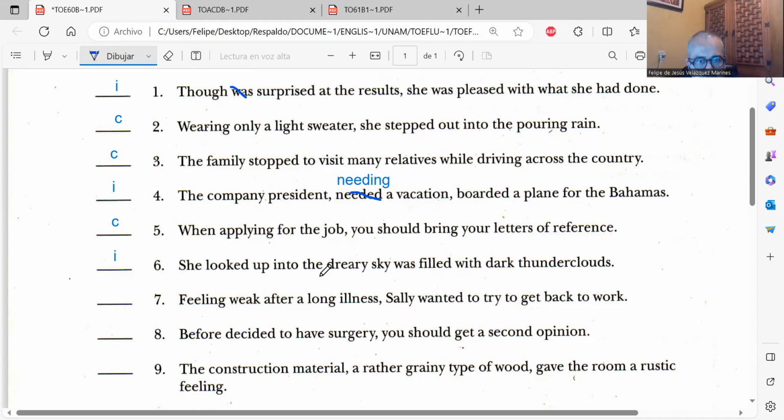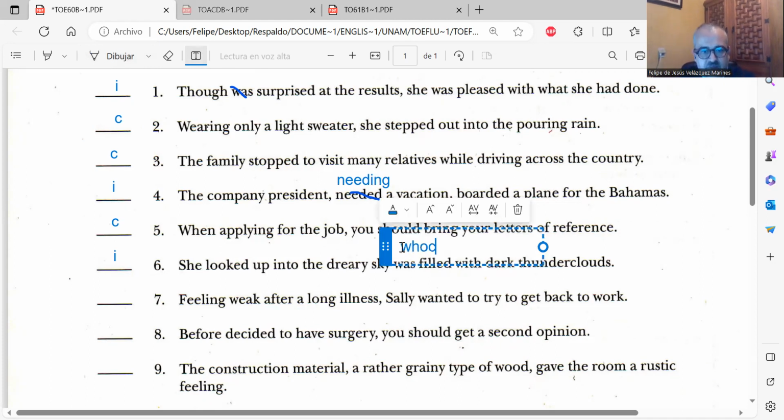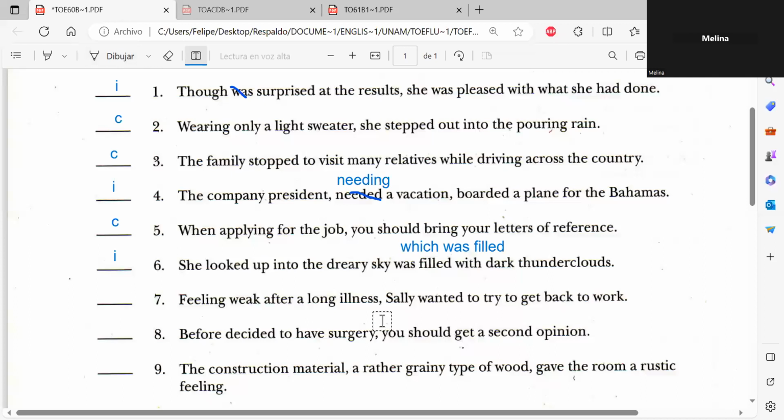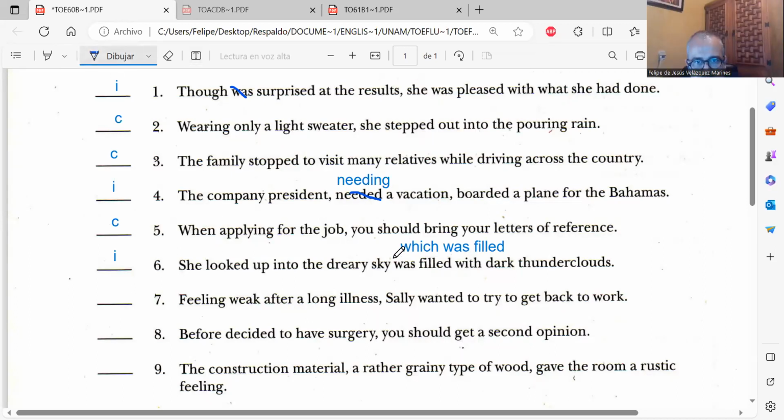She looked up into the dreary sky, which was filled. So we can say which was filled. Which was filled. Okay, if we do the reduction, it's only filled. Okay, very good. So, Carlos.